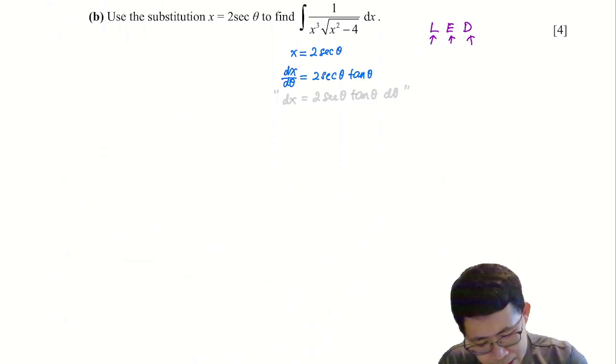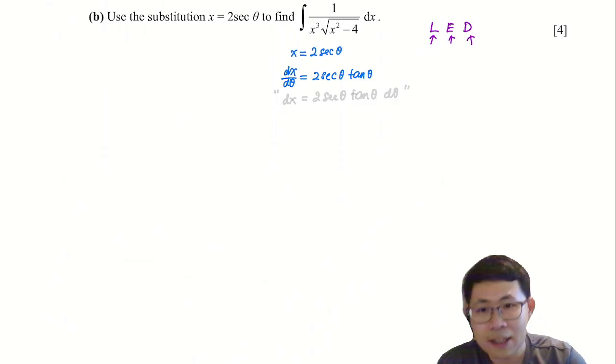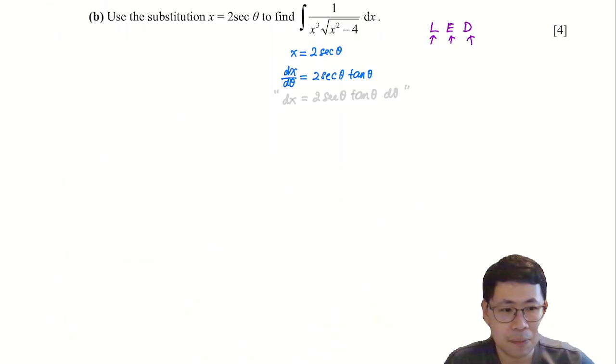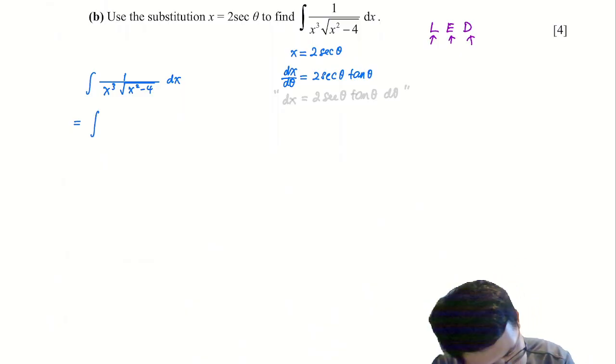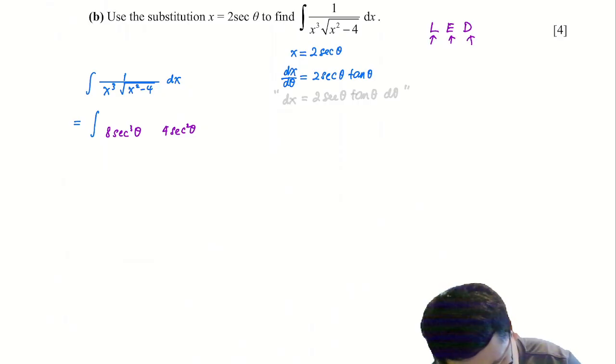Okay, so let's do all the substitution now, starting with the thing that they gave us. So x cubed, replacing x with this, I would have 8 secant cube theta, and a 4 secant square theta on the inside.